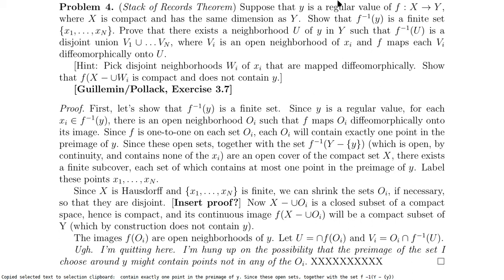It should be the union of subsets of the O_i, but I'm not positive about that. Because is it possible that some points that aren't in any of the O_i might map into U?